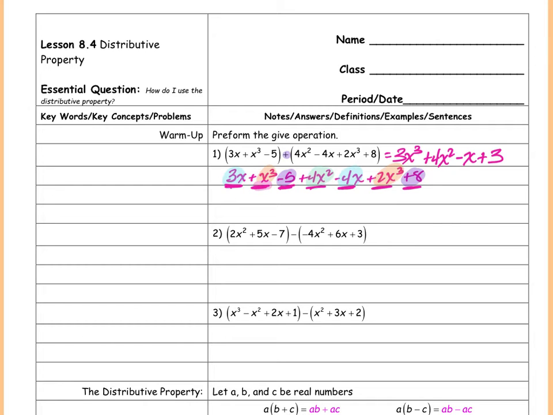Okay, and then the second one is a minus sign, which means I'm going to distribute that negative sign through this second one, right? So minus a minus is plus 4x squared.